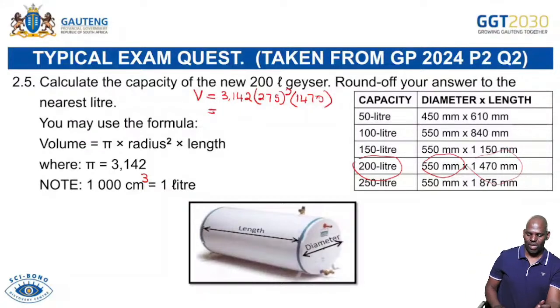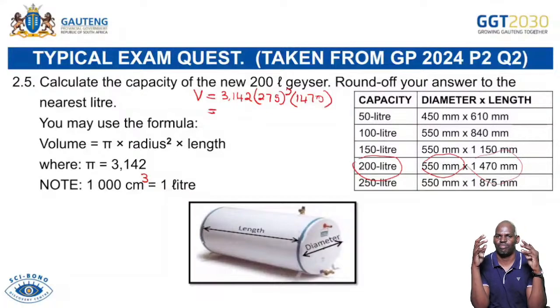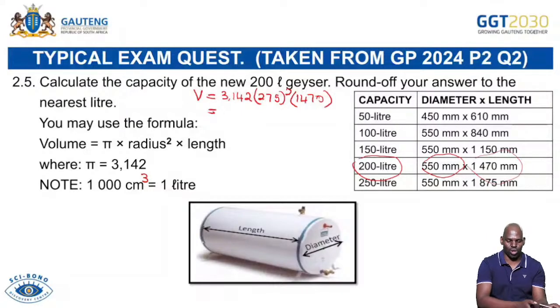Okay, if you want to substitute the unit, you're welcome to substitute the unit. But for me, whether you indicate the unit or not does not matter. So this is 3.142 times 275 squared, and then open bracket. Then you can just use your calculator. If you are sure about everything, you can just key in 275. I usually start with the square.